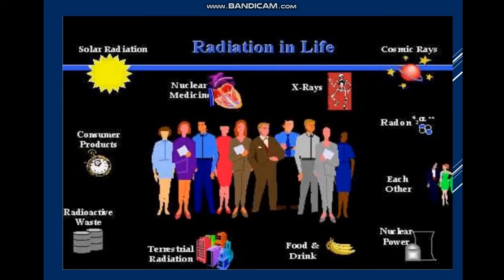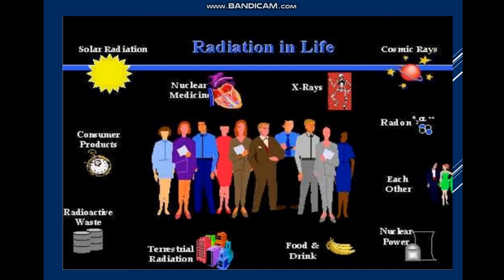People are exposed to natural radiation sources as well as human-made sources on a daily basis. Natural radiation comes from many sources, including more than 16 naturally occurring radioactive materials found in soil, water, and air.